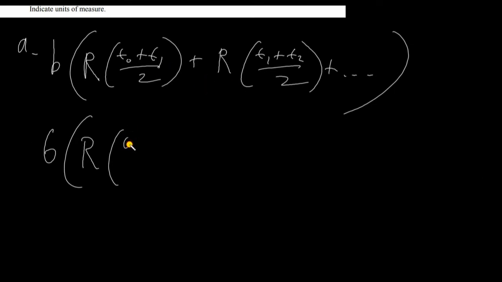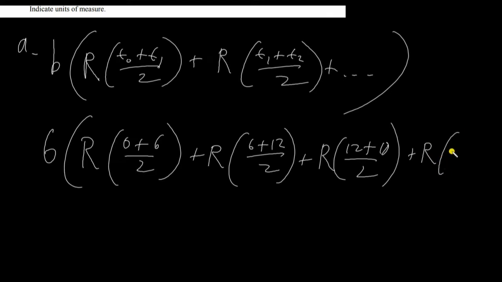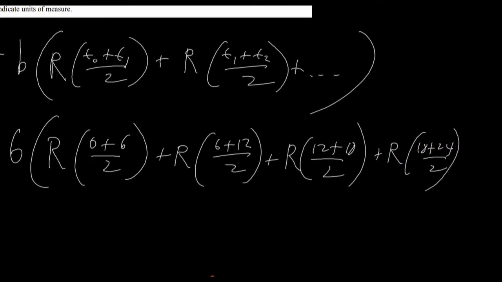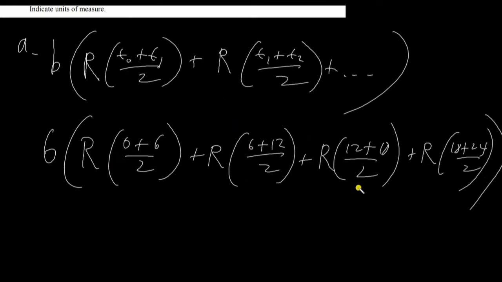So I'll have r of (0 plus 6 over 2) plus r of (6 plus 12 over 2) plus, you can see where this is going, r of (12 plus 18 over 2) plus r of (18 plus 24 over 2). That's it, because we did 1, 2, 3, 4 equal subintervals, each of them being 6 in length, and we're going to use this to approximate the integral from 0 to 24.